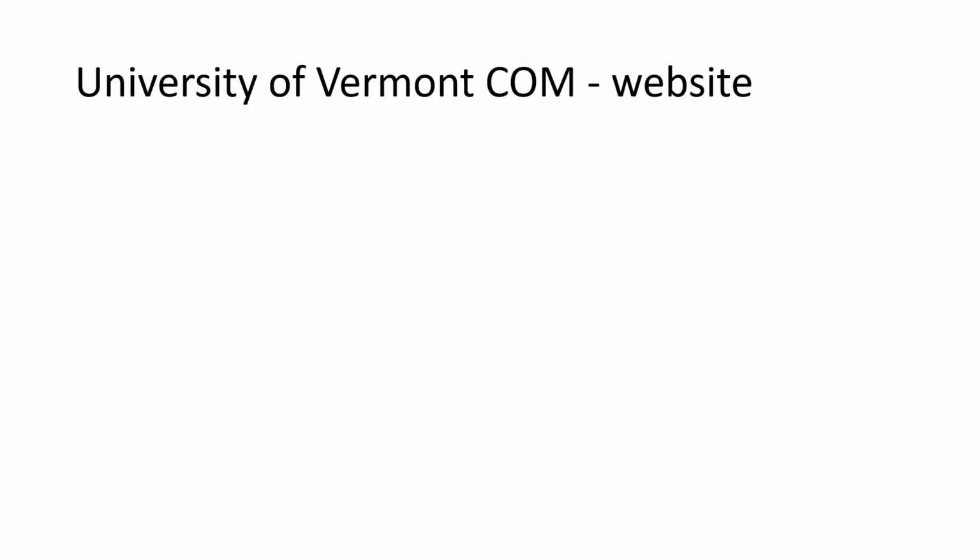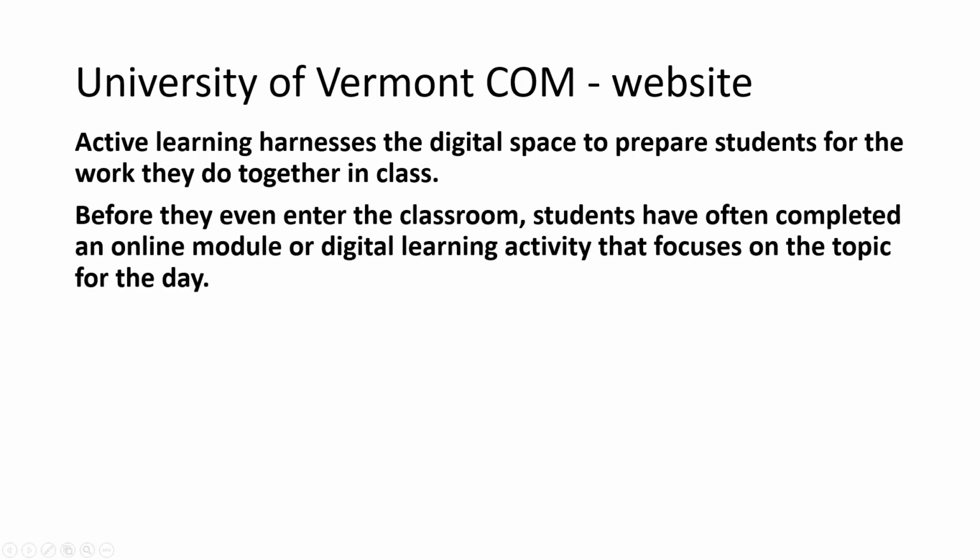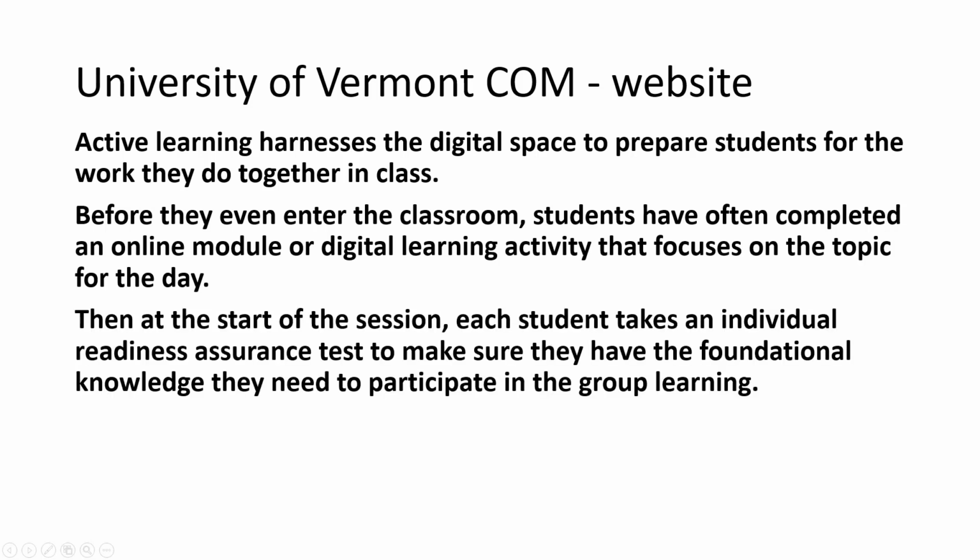Now, the University of Vermont went to an active learning process a couple of years ago, and this is from their website. Active learning harnesses the digital space to prepare students for the work they do together in class. Before they even enter the classroom, students have often completed an online module or digital learning activity that focuses on the topic of the day.